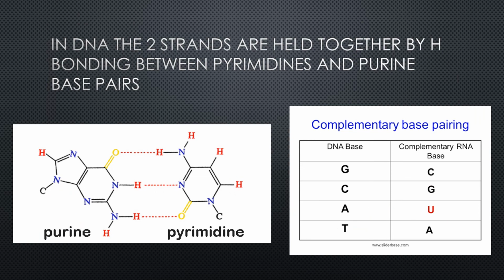So there is complementary pairing between these nitrogen bases, and as they come together, they are held together by hydrogen bonds. So the 2 strands of DNA that come together to make that double helix are held together by the pairing of these bases. And the bases always come together, one purine with one pyrimidine.